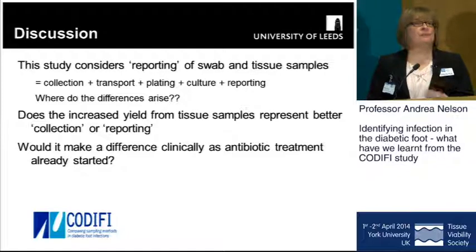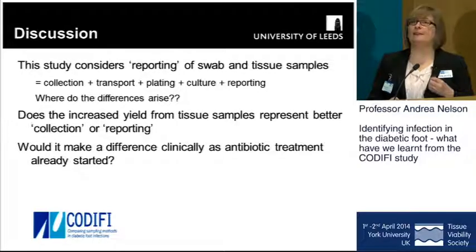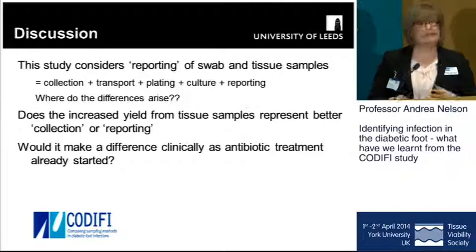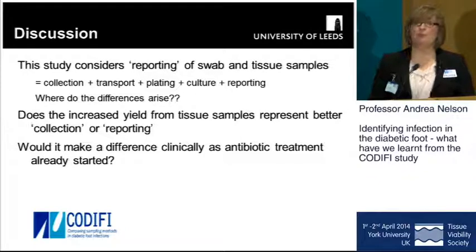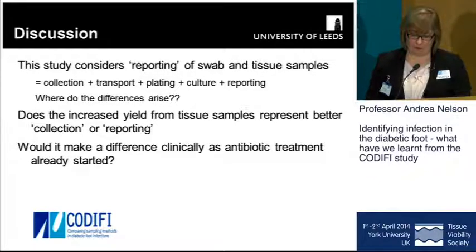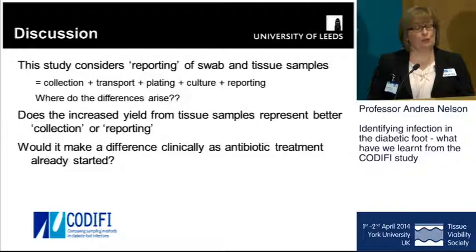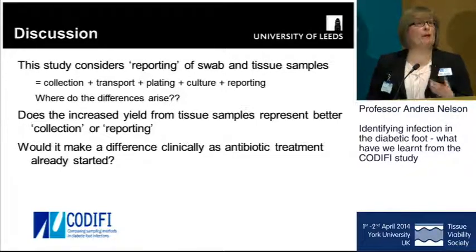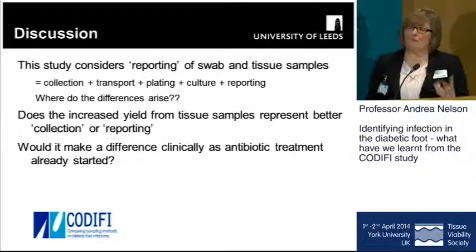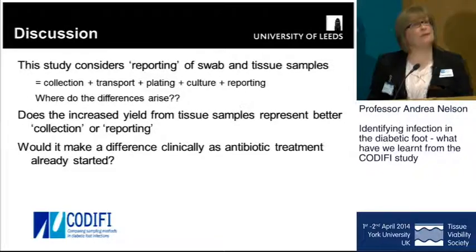Some of the work that we're doing over the summer now is looking at the way in which the microbiology teams actually reported that they handle all of the tissue samples so that we can see if we can explain any of our results simply by the fact that the microbiologists might have used different reporting criteria. We don't know, for example, whether getting more bacteria from a wound swab is because more bacteria were collected from a tissue sample than a swab, or whether it's simply more likely to be reported by the keen microbiologist.